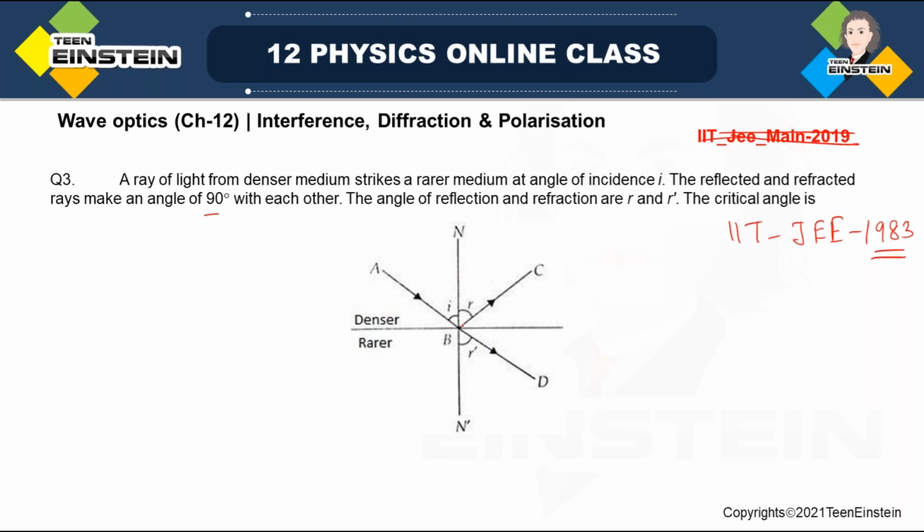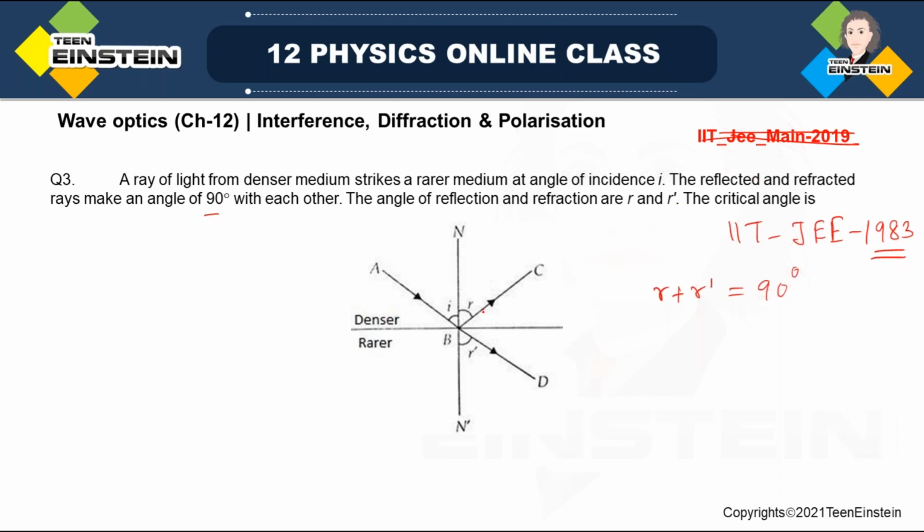Since this is actually, see, you can see this is 180 degree total, and also this is 90 degree. Here it is given r plus r prime is 90 degree. The angle of reflection and angle of refraction are given as r and r prime.